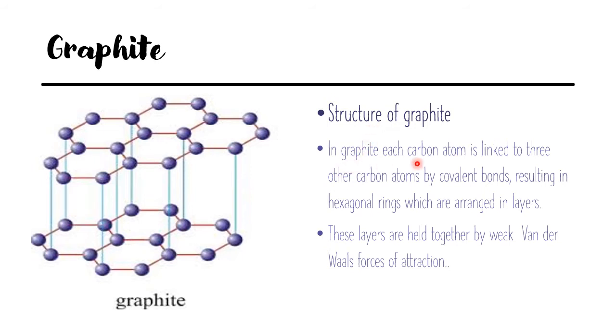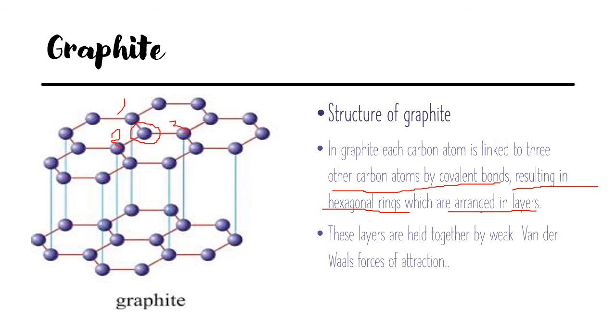In graphite, each carbon atom is linked to three other carbon atoms by covalent bonds, resulting in hexagonal rings which are arranged in layers. In the diagram, you can see here, consider this carbon atom. It is bonded with 1, 2 and 3 carbon atoms.